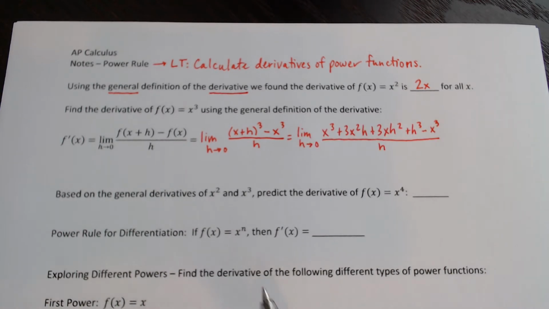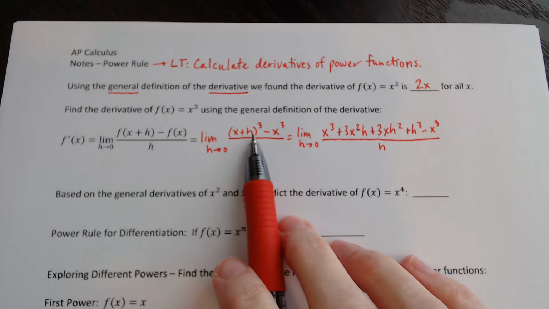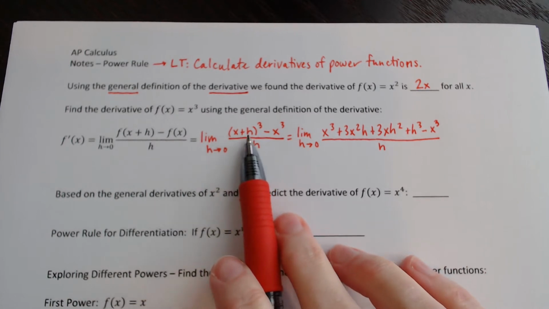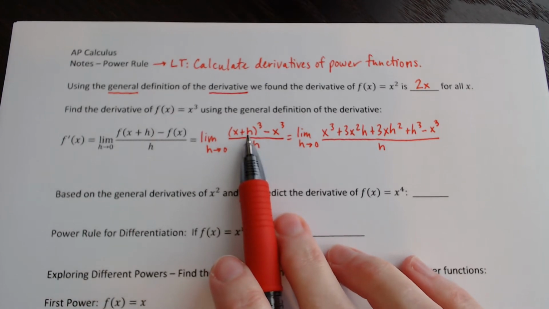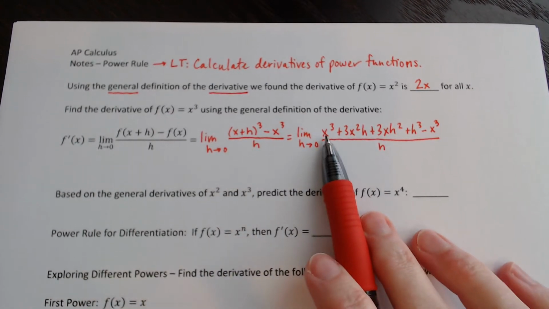We don't have to cube binomials as often as we have to square them, so you would write x plus h 3 times, square 2 of them, and then distribute in the other x plus h. Or you can save time and energy and just trust me, I've got it here.